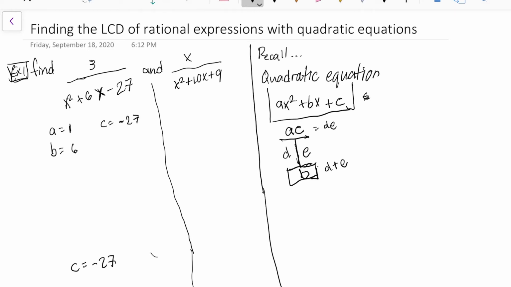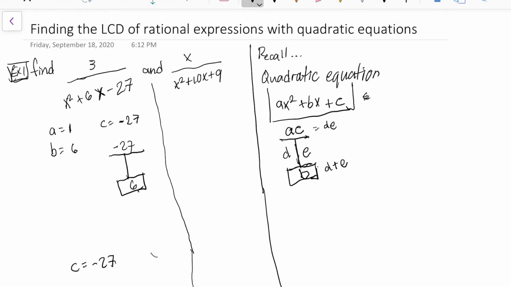Okay, this is where our base T-chart comes in handy. So let's draw it out. A times C would be 1 times negative 27, which is negative 27. B would be 6.